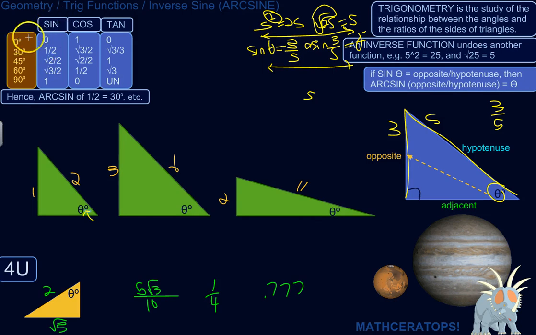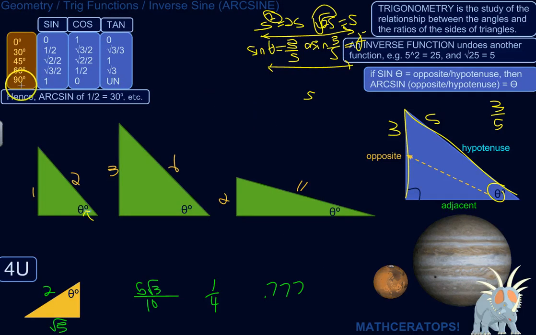So the sine of 0 degrees is 0, sine of 30 degrees is 1/2, sine of 45 degrees is square root of 2 over 2. These are the values you'd see on a unit circle. If we can make use of this chart, we'll do it, and if we can't, we'll just grab the calculator.